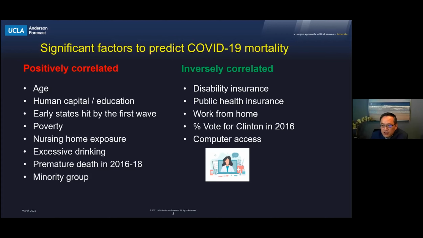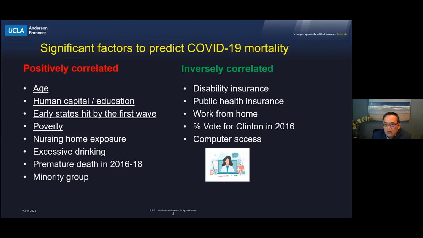The predictors I select here are persistently significant across different settings, so we can say they are very robust predictors. On the left, I show you the factors which are positively correlated with mortality: age, human capital, education. I will explain more detail for these two factors later. Then early stage hit by first wave, poverty.